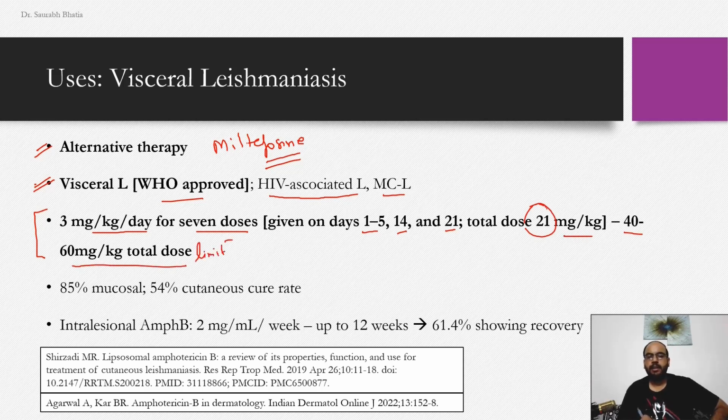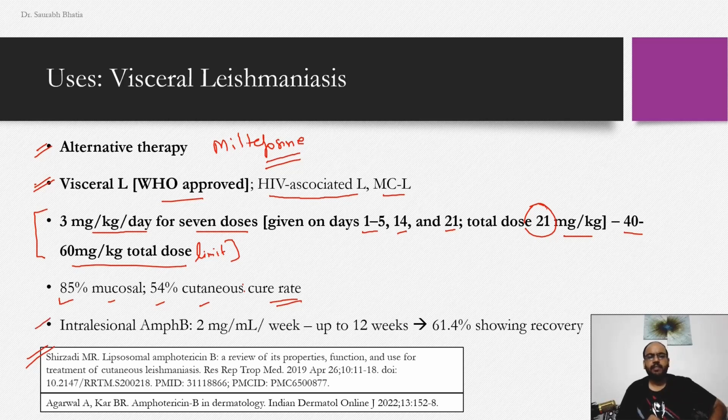So this is the dosage schedule in visceral leishmaniasis: 3 mg per kg per day, 7 doses, days 1 to 5, then day 14, then day 21. Clear? With this regimen, roughly 85% of mucosal leishmaniasis and 54% of cutaneous leishmaniasis have shown a good cure rate as per this article. If you want to go in detail, go to this article and read.